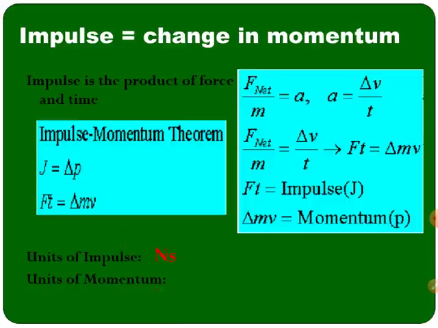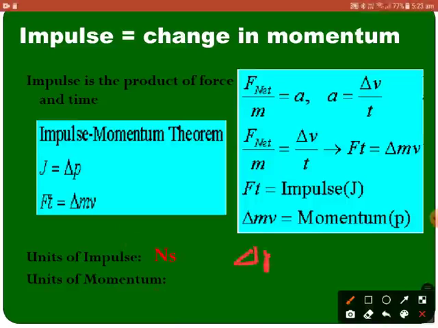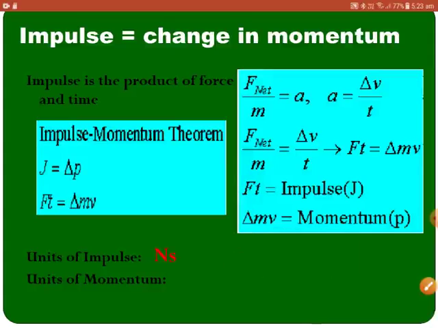You can write it like this: the change in momentum, denoted by delta p, is a vector quantity, and this is equal to your impulse. The relation between these two we call the impulse momentum theory, right?